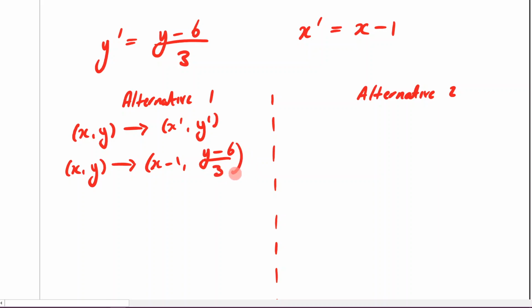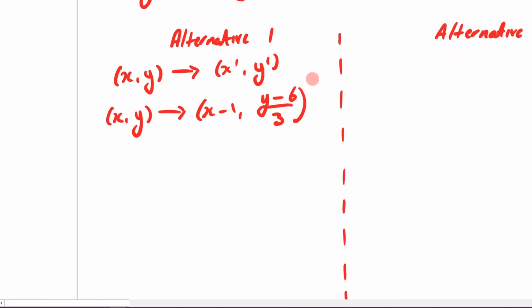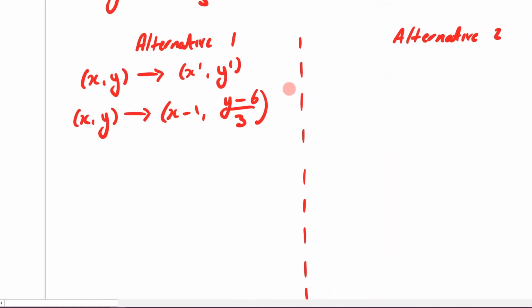And now I can read off the transformations that are occurring here. So let me grab a black pen and we're just going to read it off. Now, we have to read the translations first. And the reason why we have to read the translations first is because, do you see here, the very first thing that happens to my y is I subtract 6.